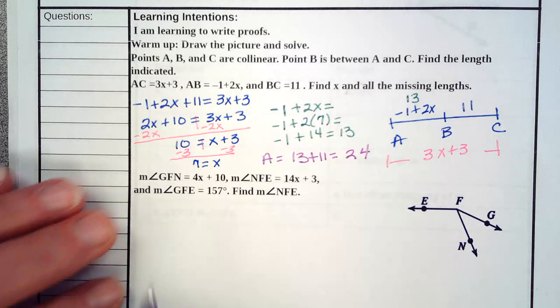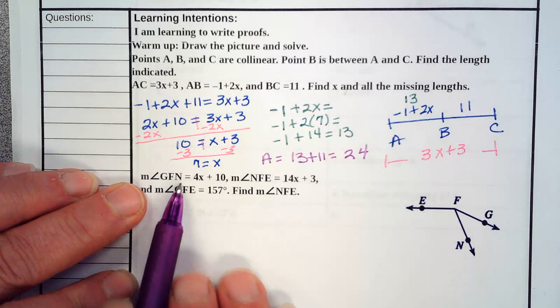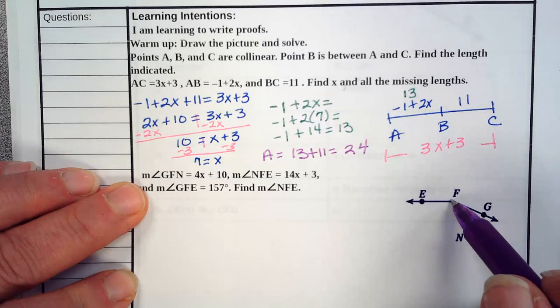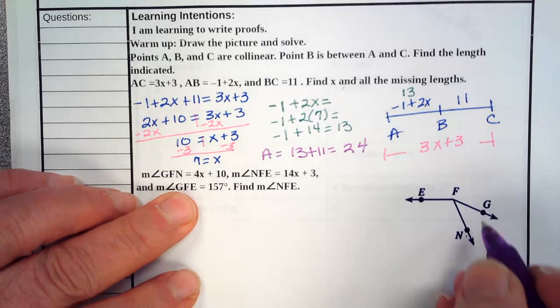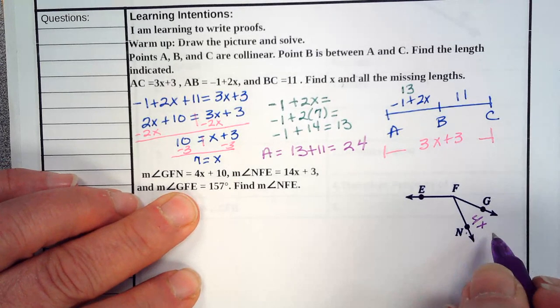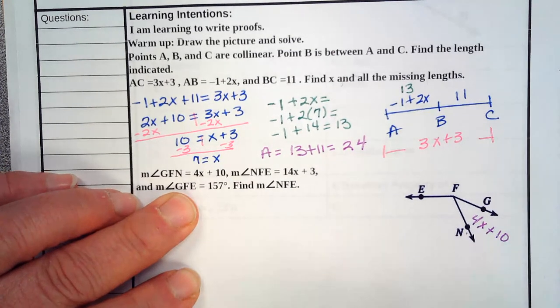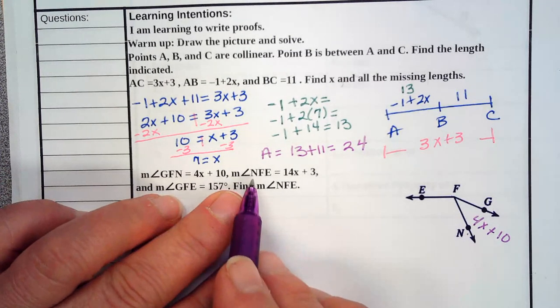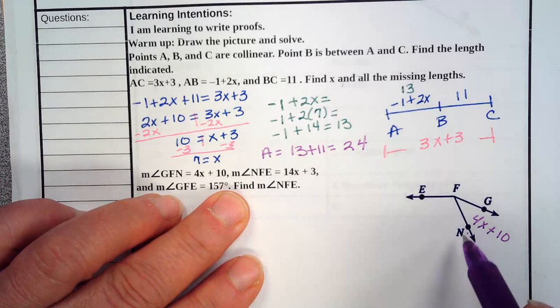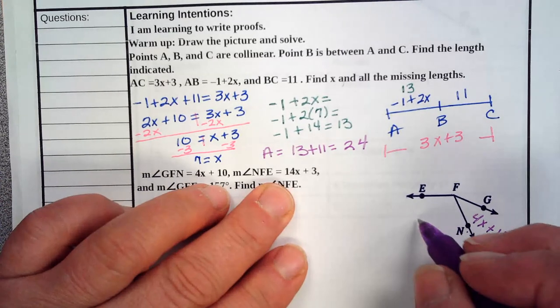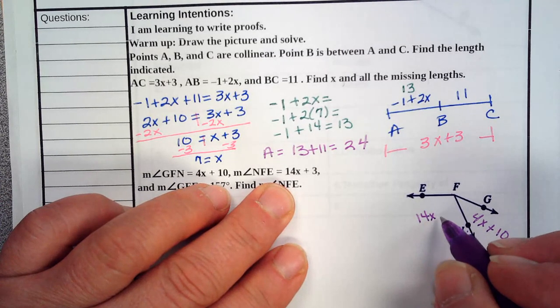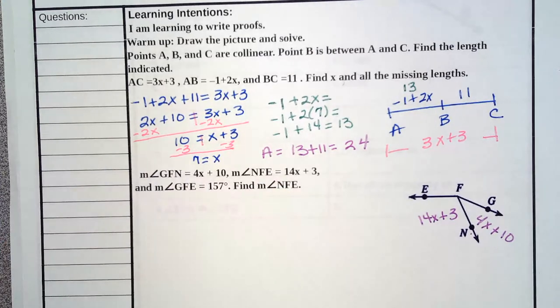Okay, the measure of GFN. GFN, this is here. This is 4x plus 10. The measure of NFE is 14x plus 3.